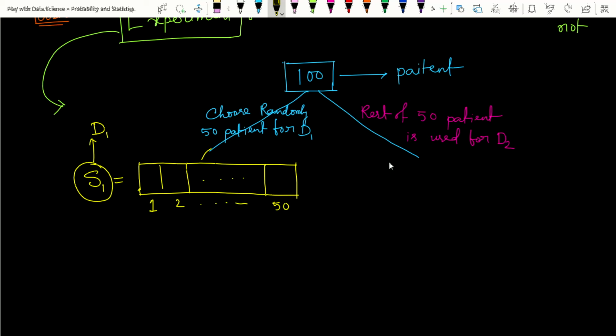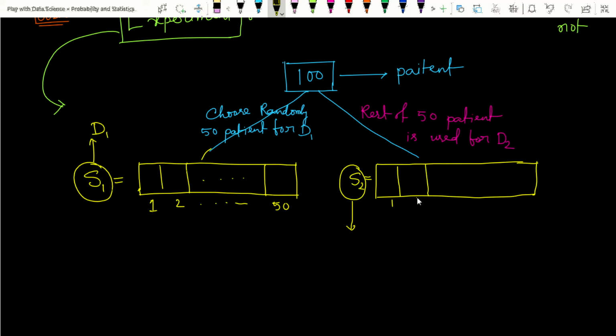The rest of the 50 patients are called sample 2, S2. Here we have the rest of the 50%.